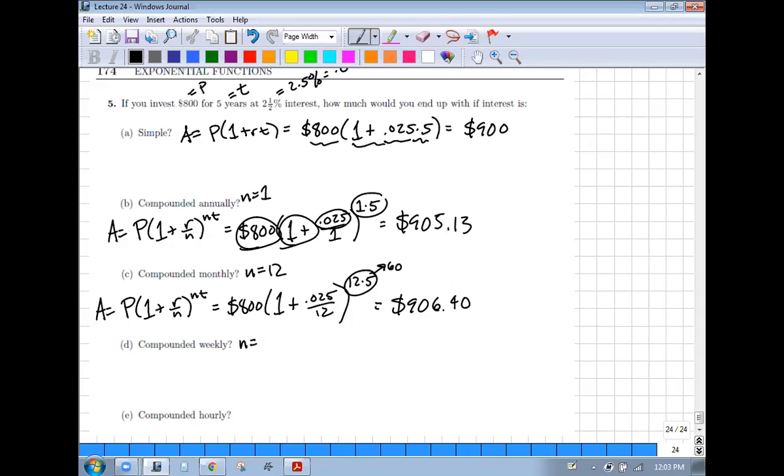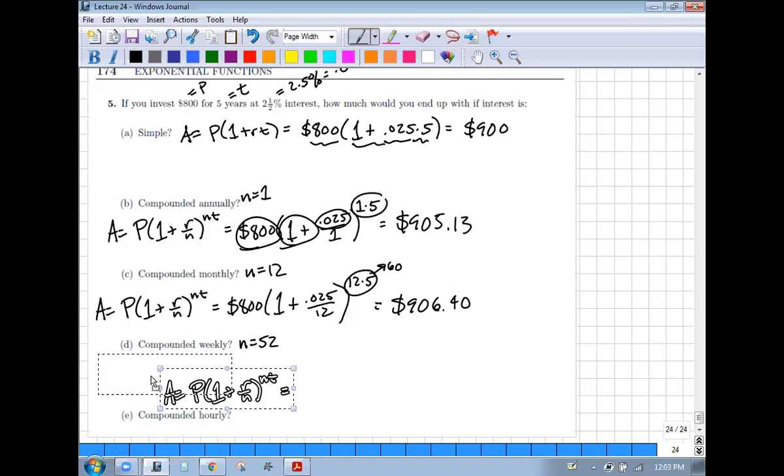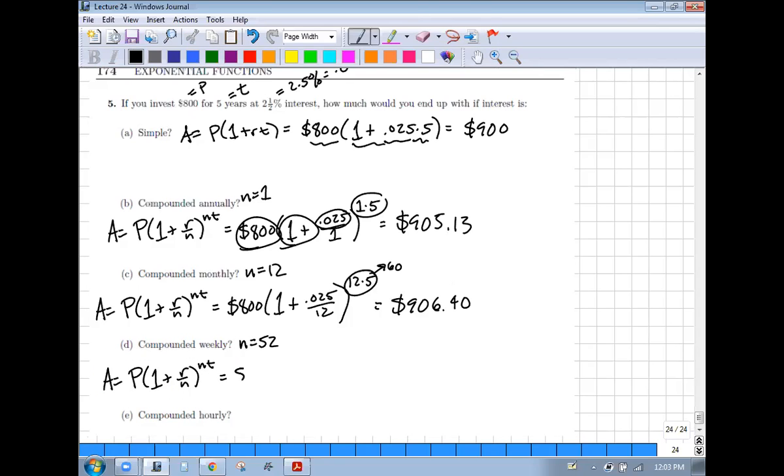If we're doing this weekly, N is 52. So we have $800, 1 plus the interest rate divided by 52, and then 52 times the 5 years. So I need to know what that is. 52 times 5 is 260.